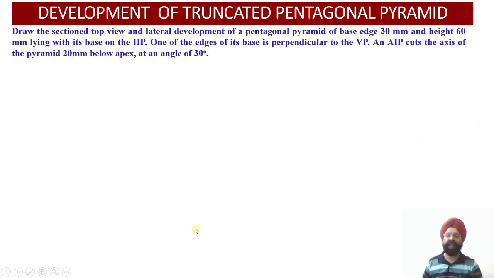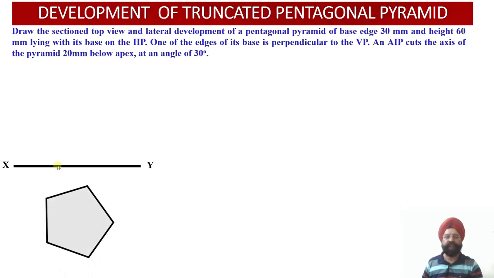So let us start working out the projections of the pentagonal pyramid, which is an uncut pyramid to begin with. Then we will see how the cutting plane is going to cut this particular pyramid. So step number 1, we have drawn the XY reference line. Now we have drawn the base of the pentagonal pyramid over here.